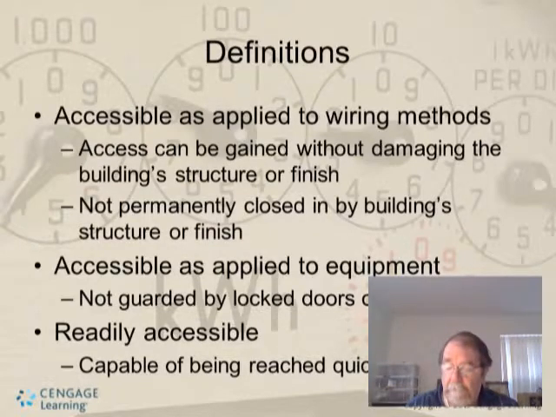Accessible, as applied to equipment, means not guarded by locked doors or elevators. Readily accessible means capable of being reached quickly for operation, renewal, or inspections, without having to take action such as to use tools, to climb over or remove obstacles, or to resort to portable ladders.